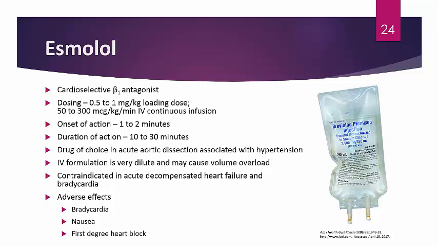For example, in the example shown on your right with this 2,500 milligram in 250 bag, say you had a 100 kilogram patient present with an acute aortic dissection and you needed to titrate them all the way up to 300 mics per kilo per minute of Esmolol, that would result in a 30 milligram administration per minute.